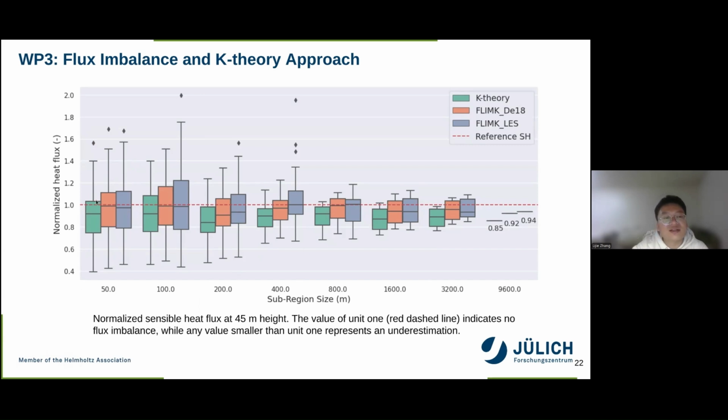It's clear that the green one is the original case, without including the flux imbalance prediction models, and the other two include these models, and the normalized flux imbalance is closer to one. So these figures tell us that by including the flux imbalance prediction models, we can improve the representation of the heat fluxes in the large eddy simulation.